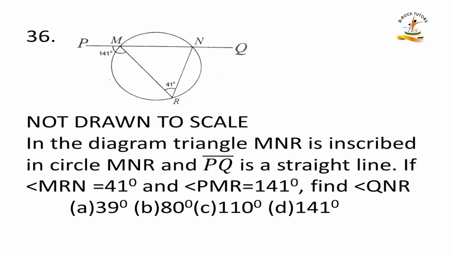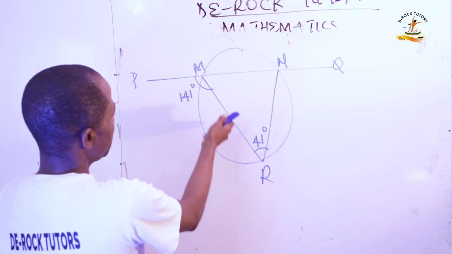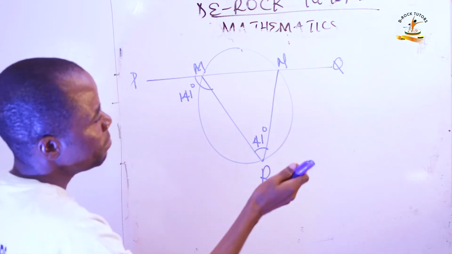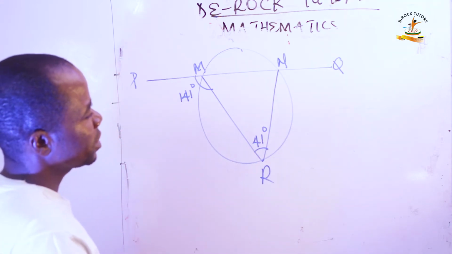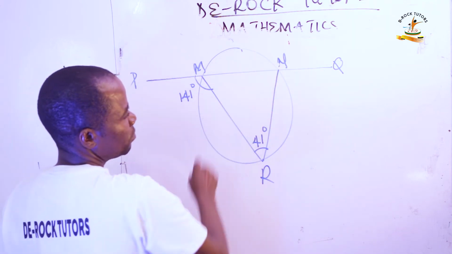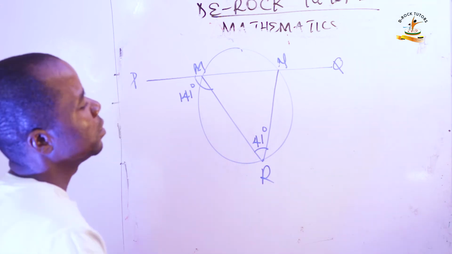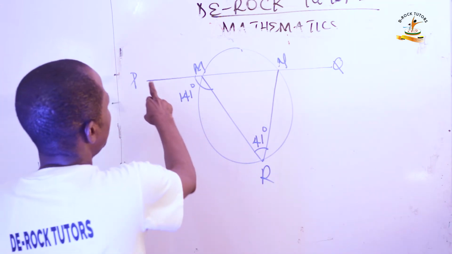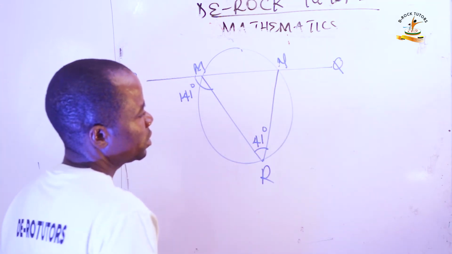Okay, so number 36 now. Number 36 says, in the diagram, I've recreated the diagram here. MNR is inscribed in a circle, that is triangle MNR is inscribed in a circle, and PQ is a straight line, as you can see here.